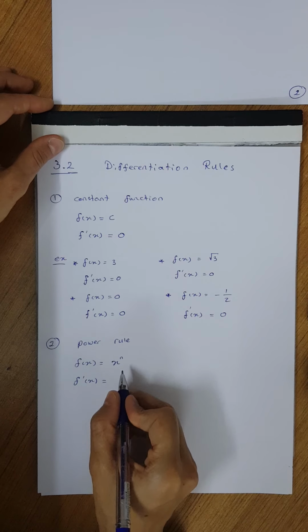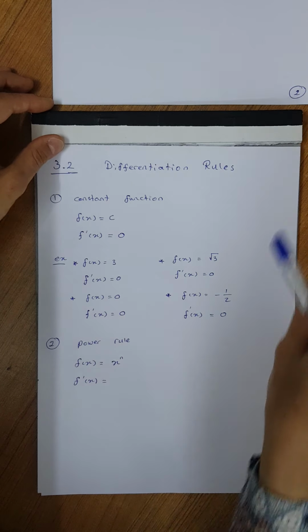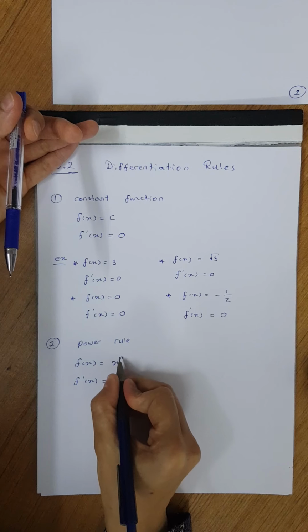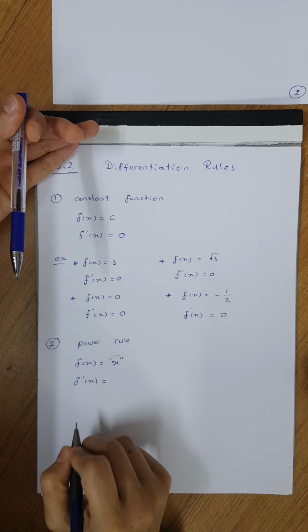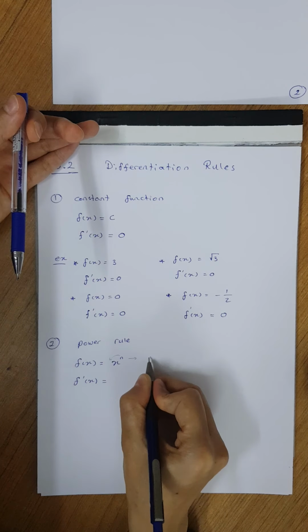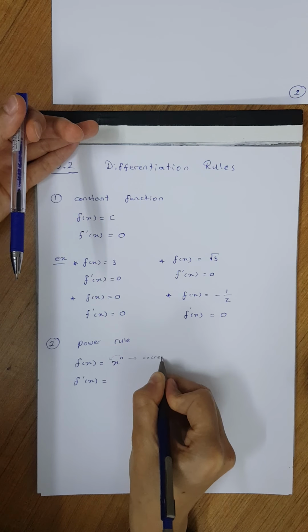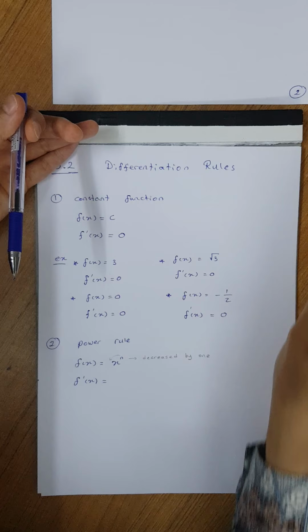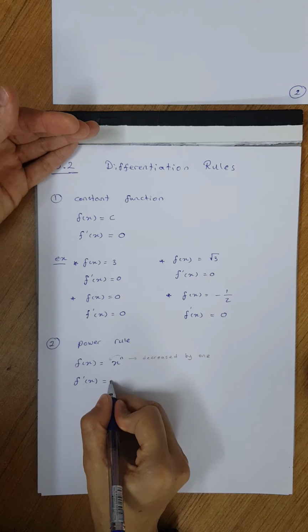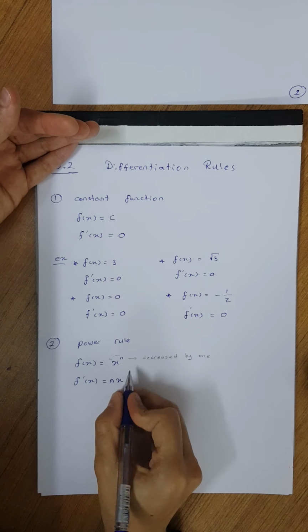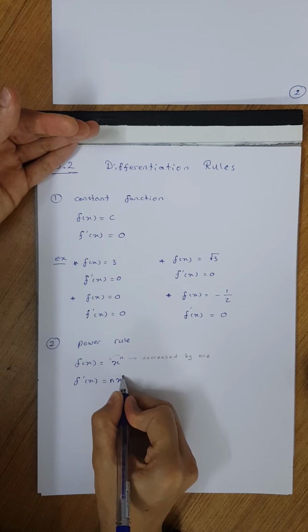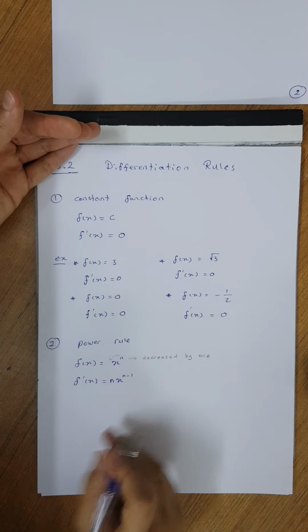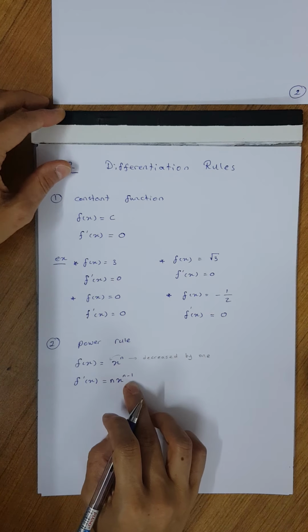That power will come down in front of the x and will be decreased by 1. So how do you write it in general? That will be n multiplied to x, and that power will be n minus 1. That is decreased by 1.